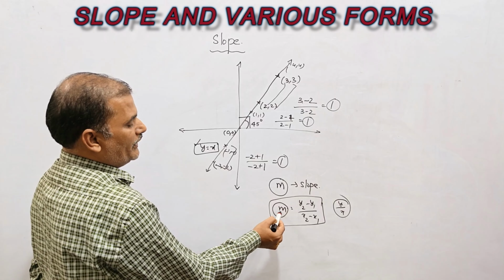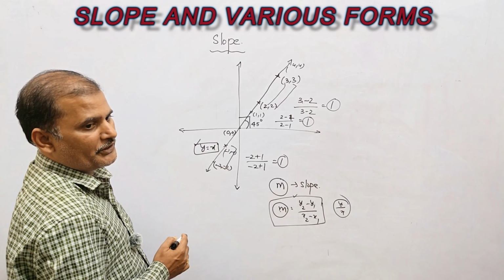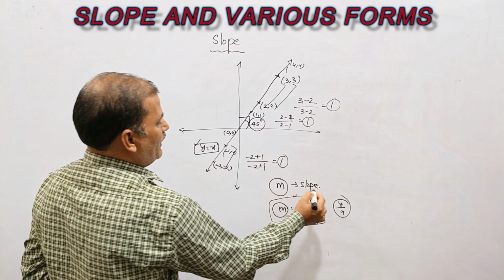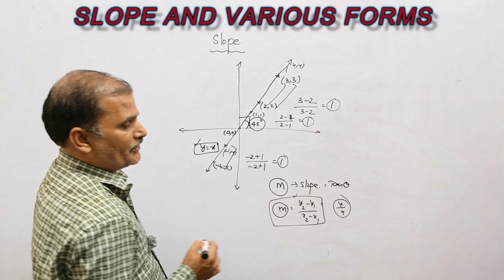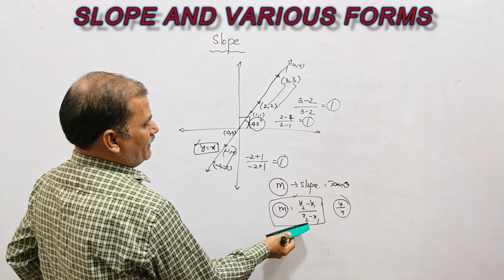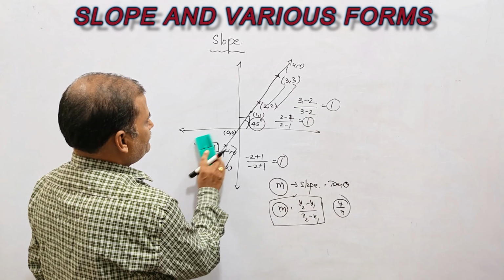Whenever points are given, we apply the formula m is equal to y2 minus y1 by x2 minus x1. Whenever theta is given, we apply the formula m is equal to tan theta. Very important notation: if theta is given, it is tan theta; whenever points are given, y2 minus y1 by x2 minus x1.